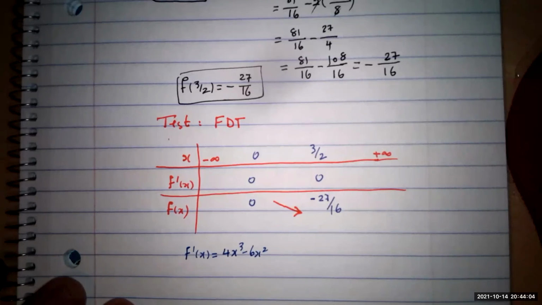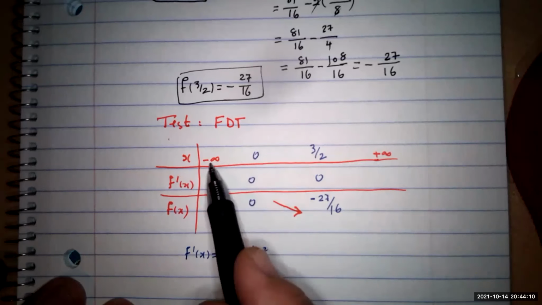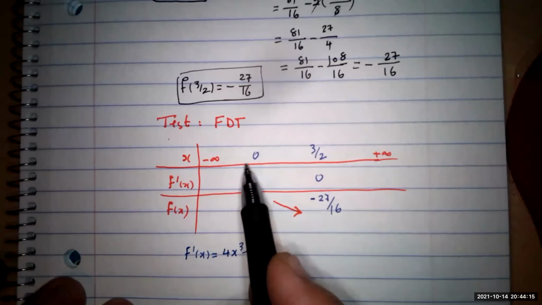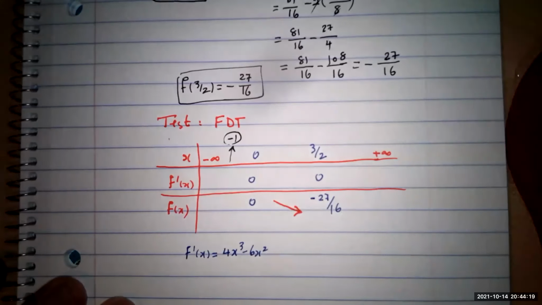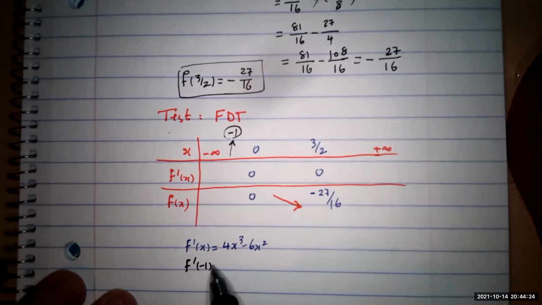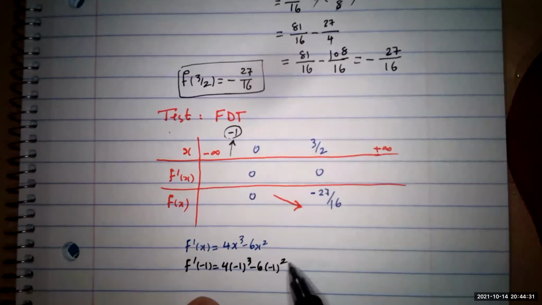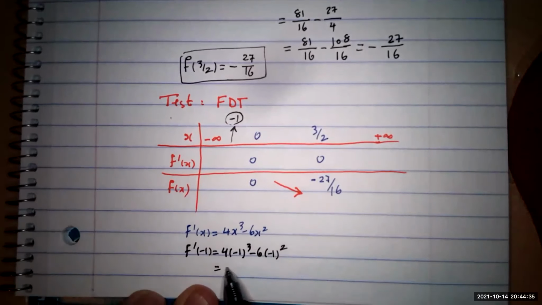So pick a number between negative infinity and 0. Pick an easy number, negative 1. So check negative 1. What is f prime of negative 1? That gives you 4 times negative 1 cubed minus 6 times negative 1 squared. Negative 1 cubed is negative, times 4 is negative 4.